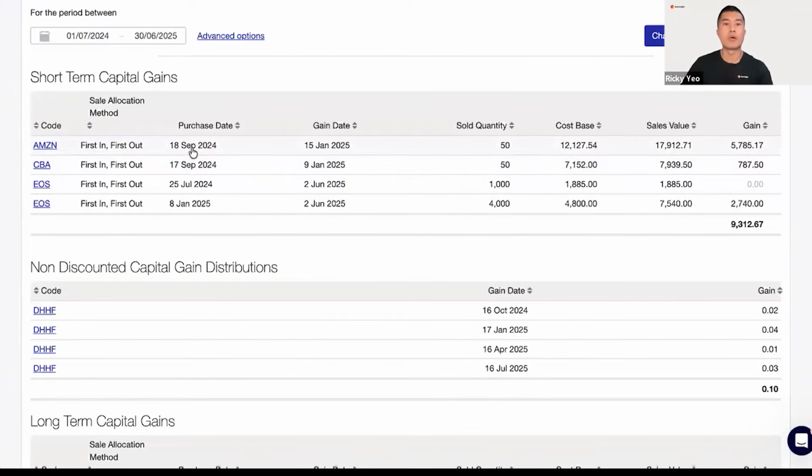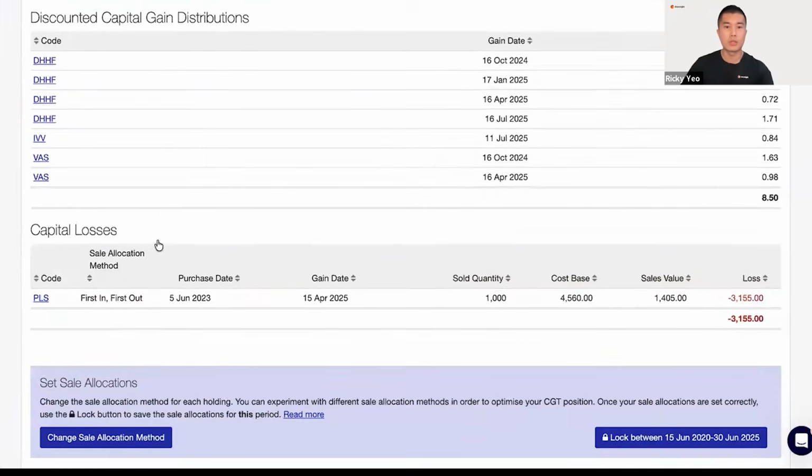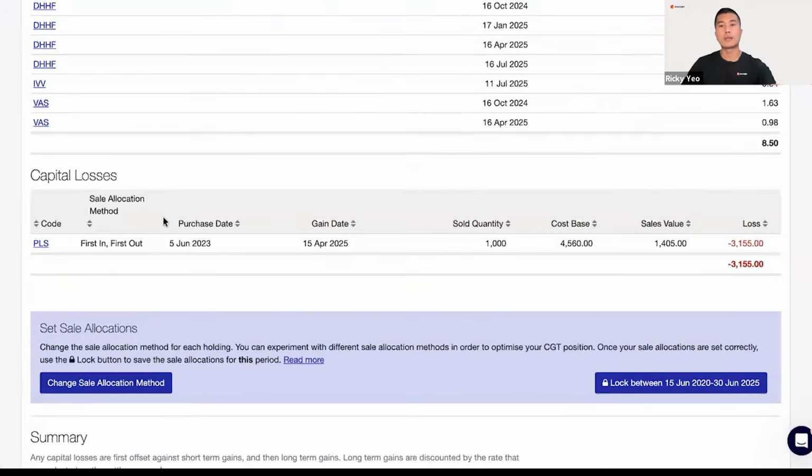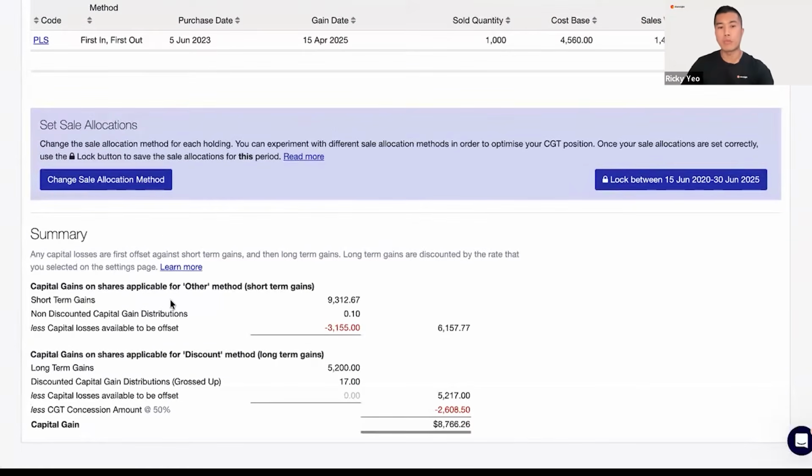Depending on the purchase date and when you sell, Sharesight will categorize it as short term, long term, or a capital loss.